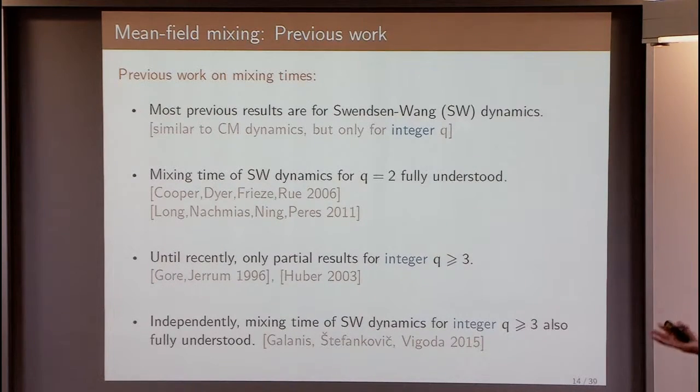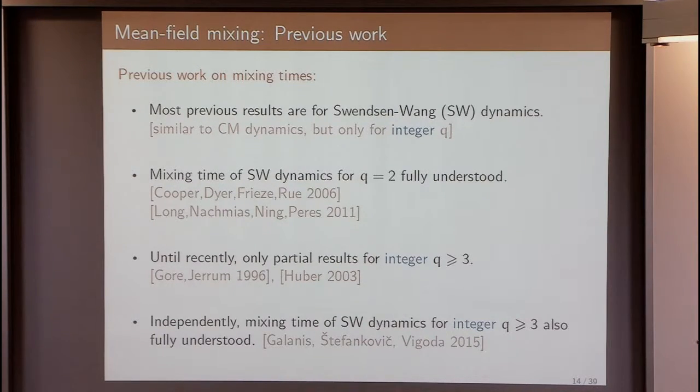There has been some work on the mixing time of Markov chains in the mean-field, but most of this previous work has been for the Swendsen-Wang dynamics, which is a similar dynamics to CM dynamics, but it's only defined for integer q. For example, for q equals 2, we fully understand the mixing time of the Swendsen-Wang dynamics, and this is work by Cooper et al. and Long et al.